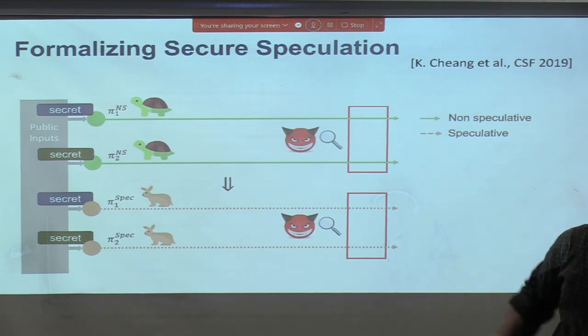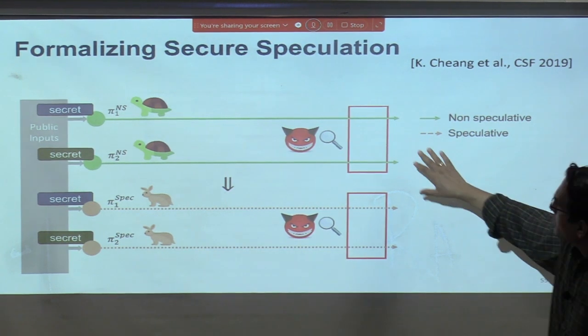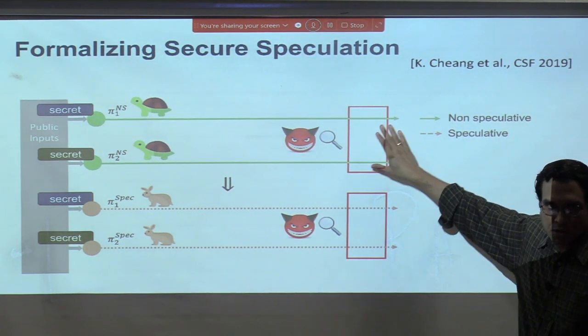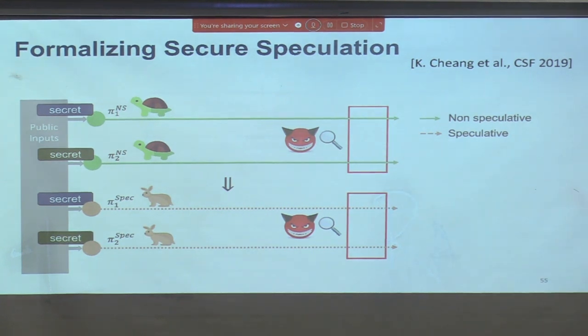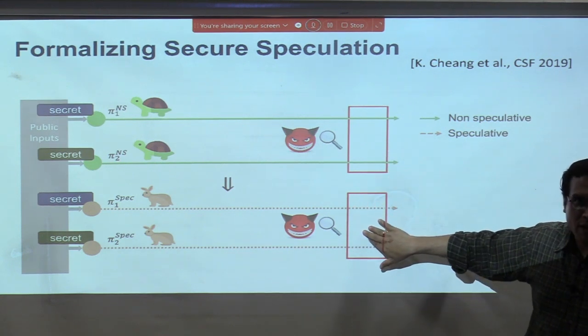So if you go back to the Spectre attack, that is what happens, right? In the Spectre attack, if you turn off speculative execution, which is what the memory fence was doing effectively, then there is no information leakage. But when you turn it on, there is. So this property would be violated by that.